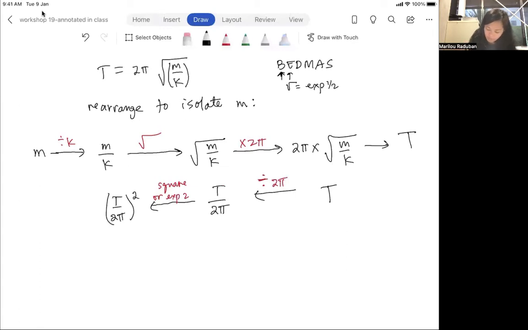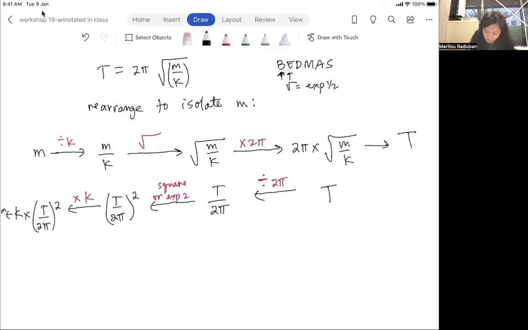And finally, the last thing you need to reverse is this division sign. So divided by k, the reverse of that should be times k. And so you have k times the whole thing in brackets, T over 2 pi, raised to the power of 2. And that leads you back to m.